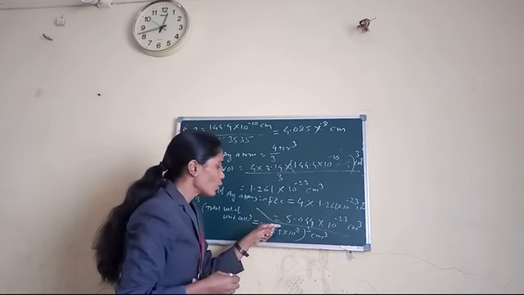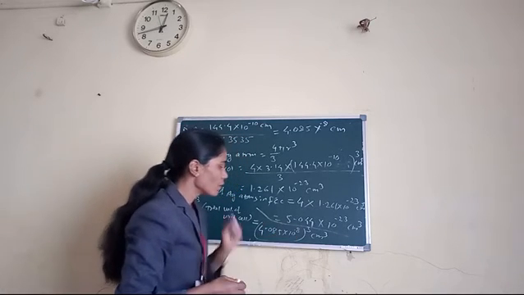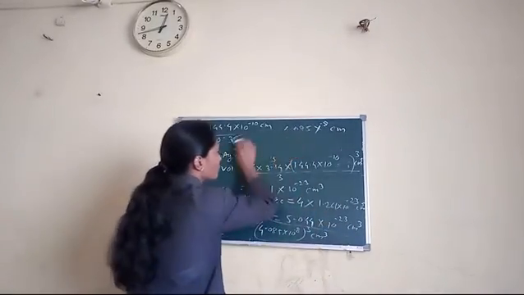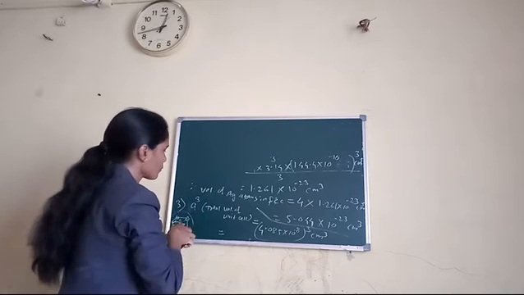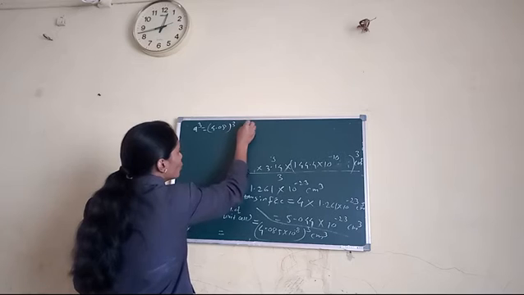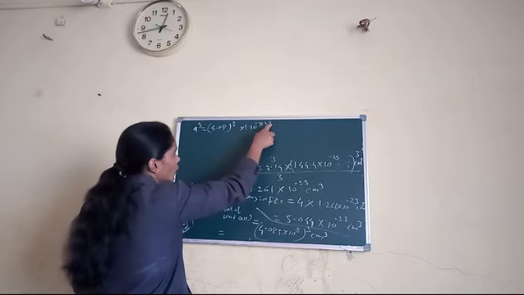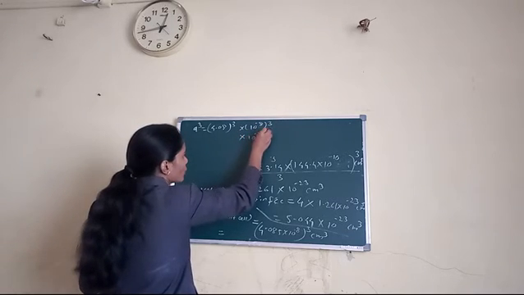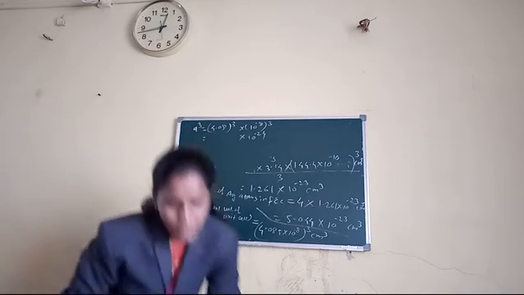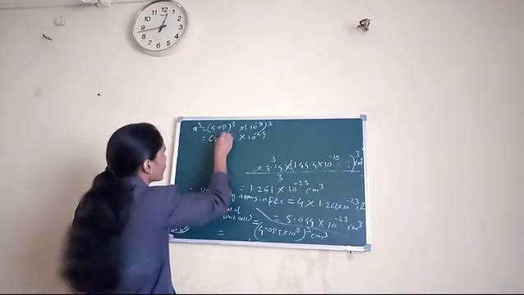So a cube is equal to 4.085 cube into 10 raised to minus 8 cube, means 8 into 3, 10 raised to minus 24, and cube of 4.085 is 68.17.